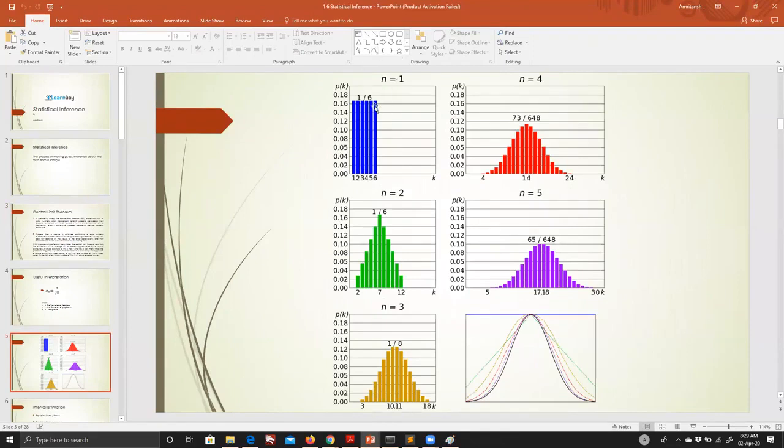If you take a smaller one, it will look flat or something. But as you repeat it a lot, it becomes much more like a normal distribution. And this is the assumption of CLT, the central limit theorem.